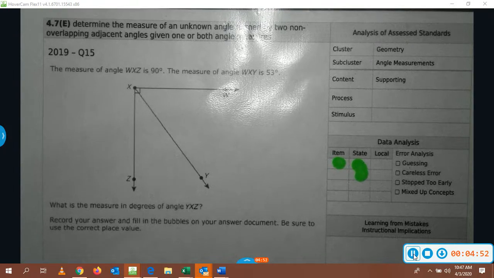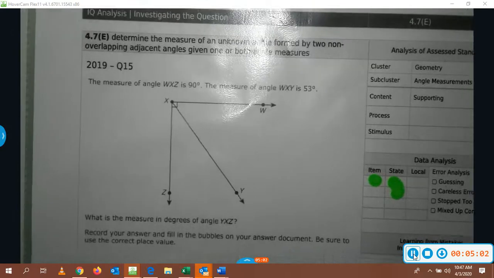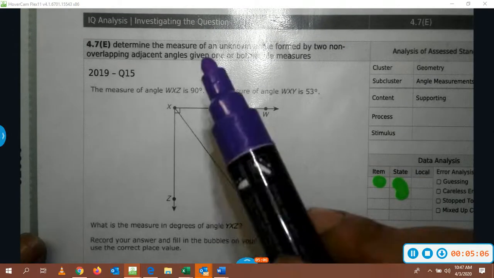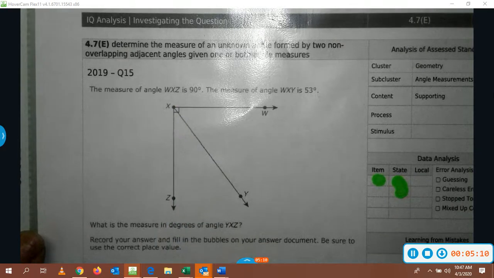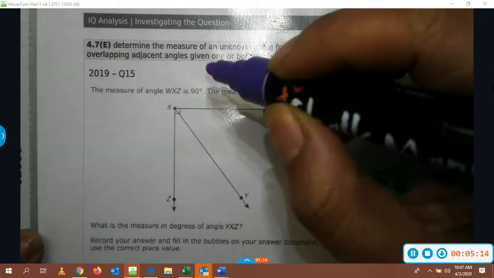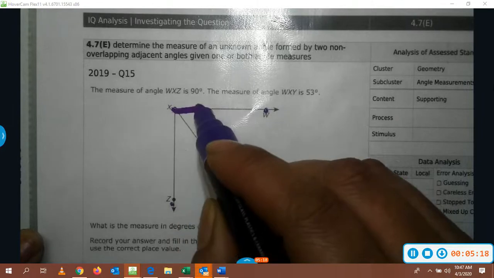Okay, so let's do some detective work. Let's take the information that we know and try to come up with a plan. So we know that the measure of WXZ is 90. So let's find WXZ. Oh, okay, so that is a what?